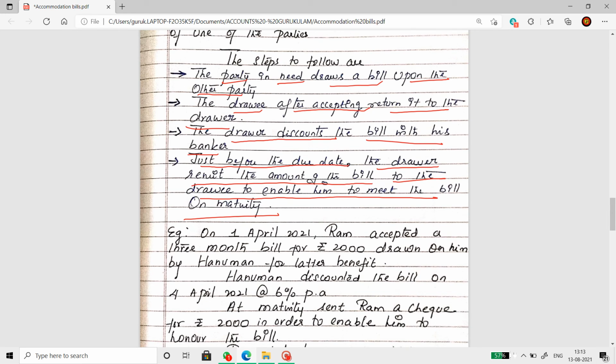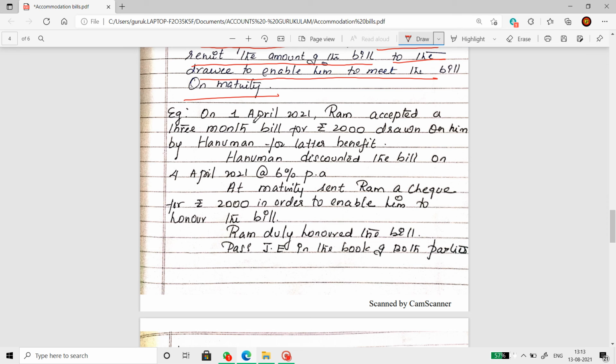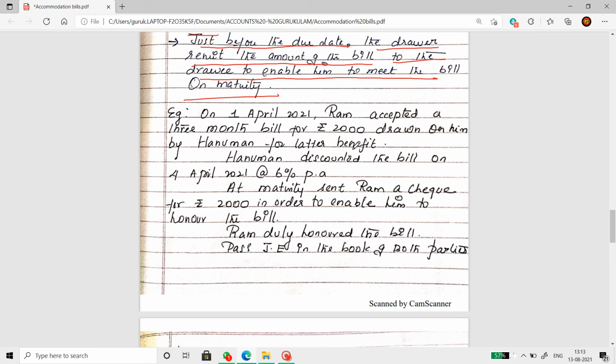Okay, let's take a question to understand this. On 1st April 2021, Ram accepted a 3 months bill for 2000 rupees drawn on him by Hanuman for the latter's benefit. Now, Hanuman wants money, so he requests Ram to accept the bill.